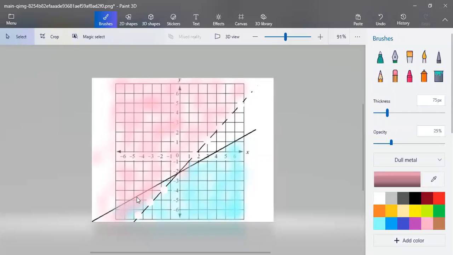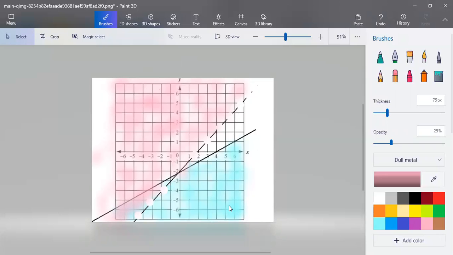So any 2 points which are in this part, which is being shared by both the colors, are going to be a solution. Now, which are not solutions are going to be anything in this area as well as in this area. Just like now in the lockdown, we cannot leave our area.